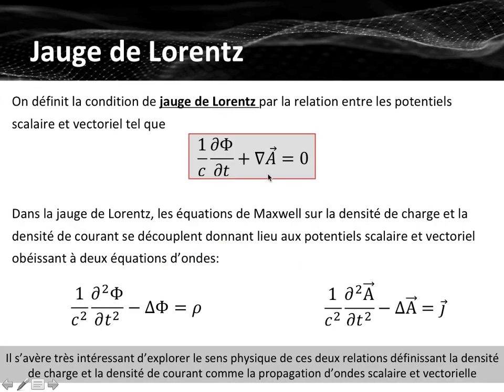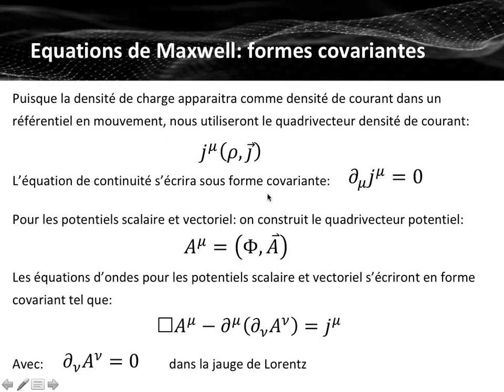Because again, 1 over c partial t plus nabla is nothing else than the partial mu application to A mu, which has the time component and the space component.